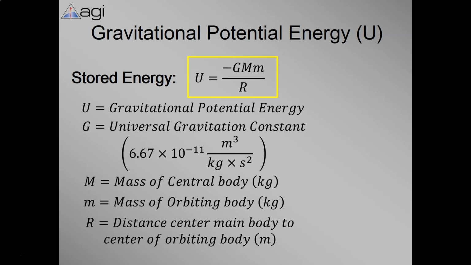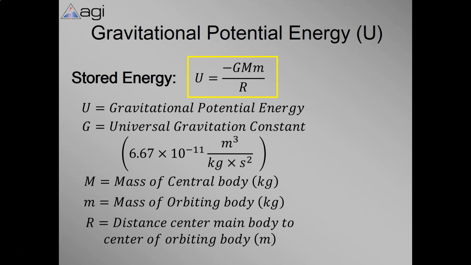The mass of one of the bodies, the central one, is capital M, and its unit is kilogram. And then the mass of the body that's orbiting the central body, that's the satellite. Earth is the big M, little m is the satellite. Or if we're talking about the Earth going around the Sun, big M is the mass of the Sun, little m is the mass of the Earth.